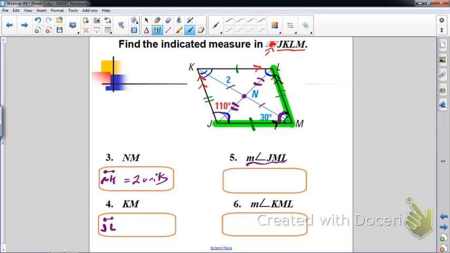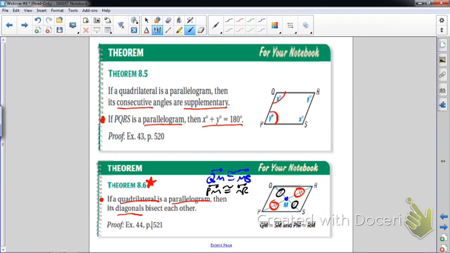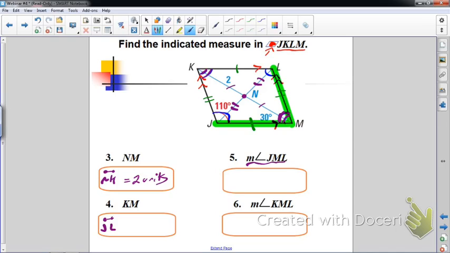I'll put it in purple. This one here. And if we look across, there's nothing there. But we know that they are congruent. So we can use the theorem that we just talked about, 8.5, and we know that consecutive angles are supplementary. So consecutive angles are supplementary.